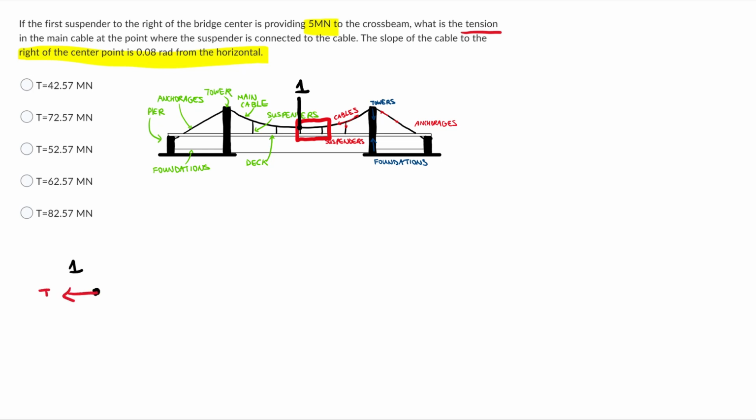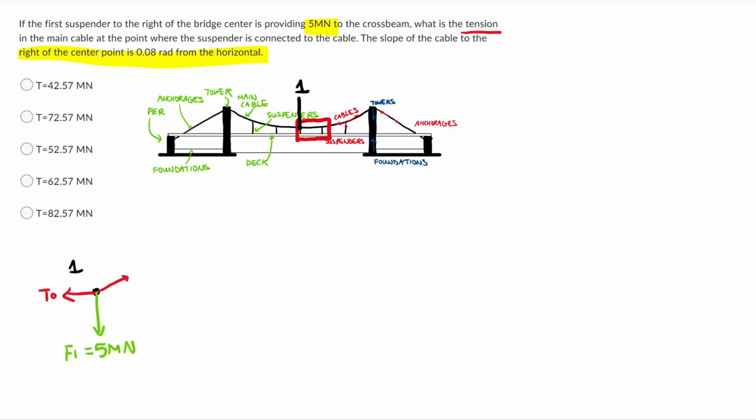And we have a tension force, T0, and we have F1 in this case, which has just been labeled arbitrarily, which is our 5 meganewtons. And this will be true for all suspenders. So all of the suspenders going down, which I've shown in green here, will be 5 meganewtons.